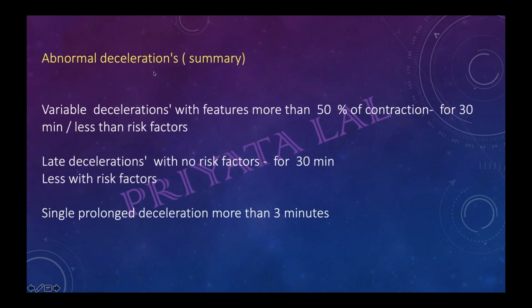So it is a summary of abnormal deceleration: variable deceleration with features for 30 minutes, and late deceleration for 30 minutes. It can be less than 30 minutes if any bleeding or meconium is present, and a single prolonged deceleration. If these things are there, then you will put it under the abnormal deceleration category.